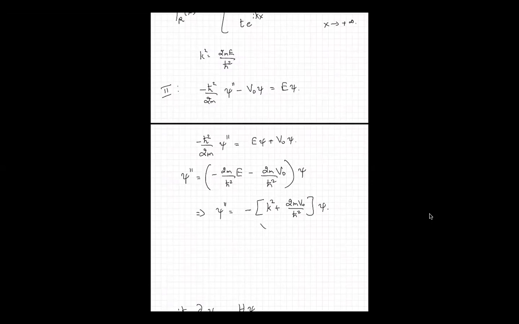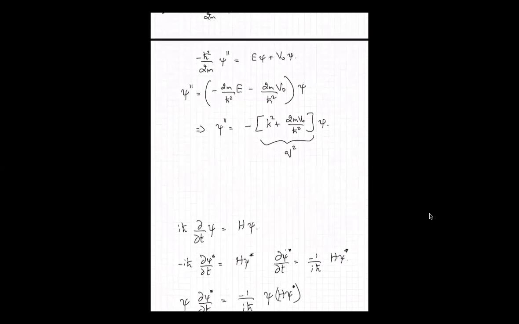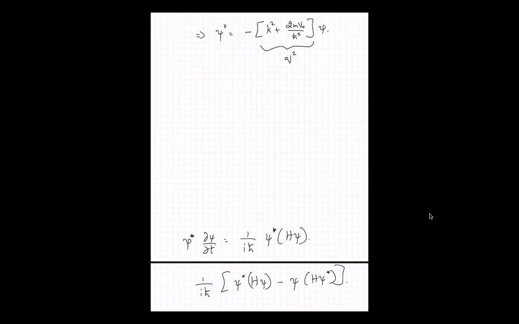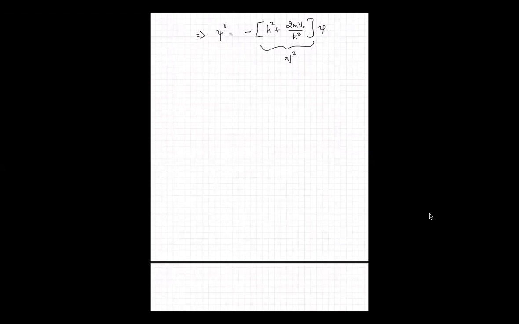So I can call this whole thing some other factor q squared. So this would simply be psi double prime is minus q squared psi, which has a solution, of course, A e to the iqx plus B e to the minus iqx.